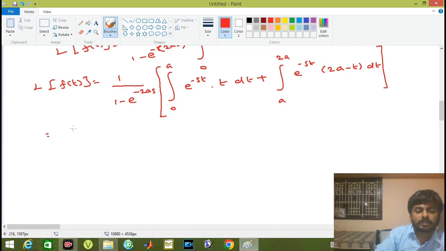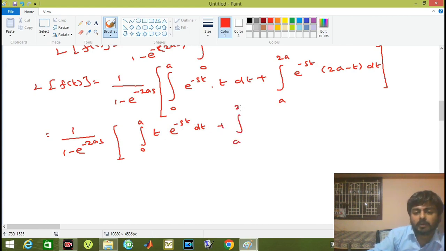So first of all I shall write it as 1 by 1 minus e power of minus 2as into integral 0 to a, t, this is my u, e power of minus st into dt, this is my dv, plus integral a to 2a, 2a minus t, this is my u, and e power of minus st dt, this is my dv.